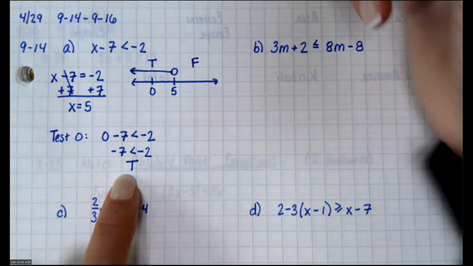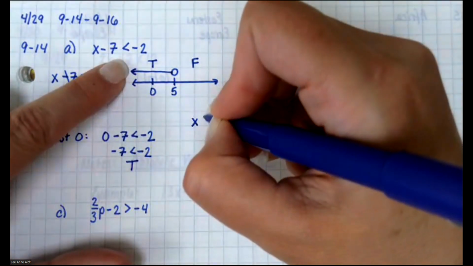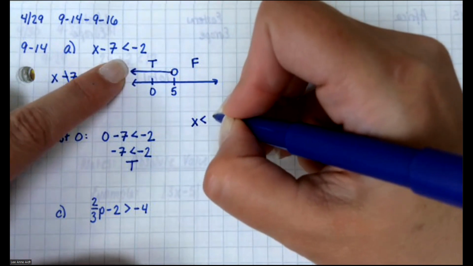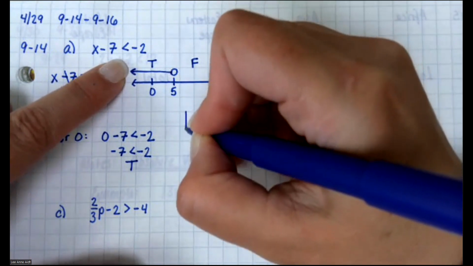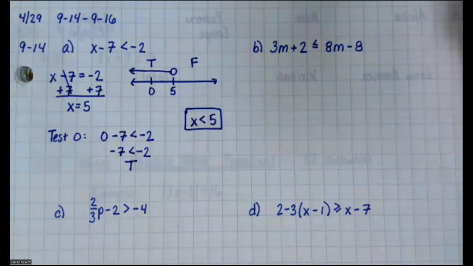That's where the solutions are. And then I write a final answer, X, and then I copy the end of the arrow, is less than 5. Is it coming back to you from Friday?